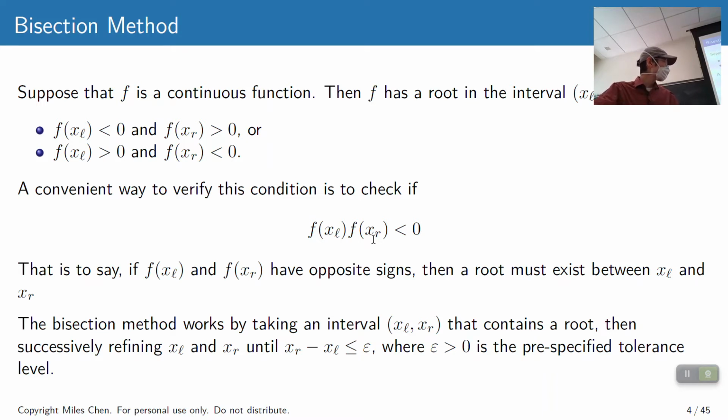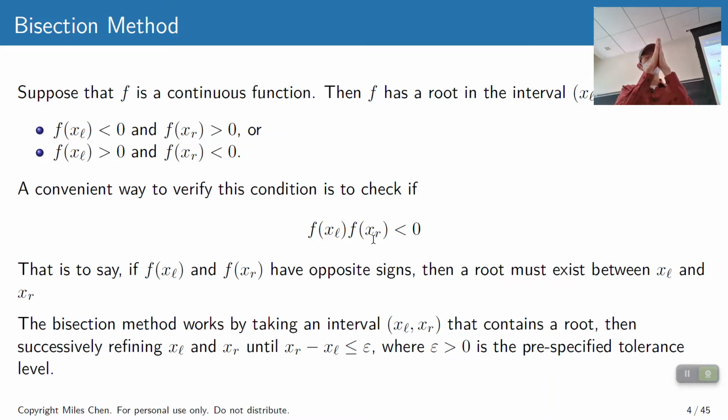And so what we're going to do is take this interval, and since the left-hand side and right-hand side have opposite signs, we'll just chop it in half. We get a midpoint, and we keep making the interval smaller and smaller until the difference between the left-hand side and the right-hand side is close enough together.